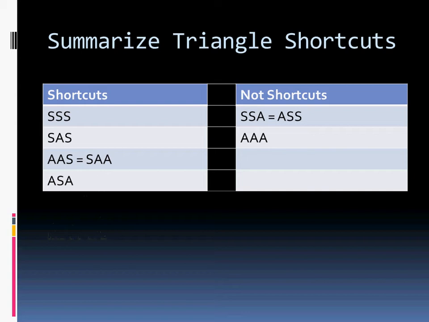Those are side, side, side, side, angle, side, angle, angle, side, which is the same as side, angle, angle. In both of those cases, you have 2 angles, and the side is outside of those 2 angles, not between them. And angle, side, angle. The ones that were not shortcuts were side, side, angle, which is the same thing as angle, side, side, and also angle, angle, angle.